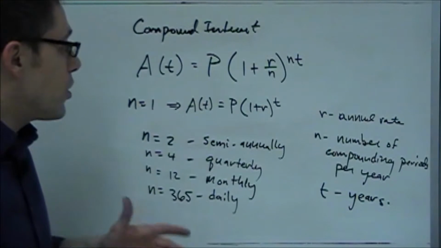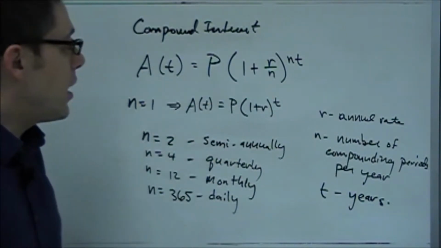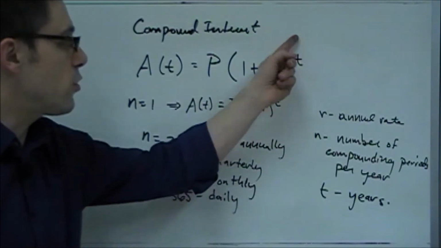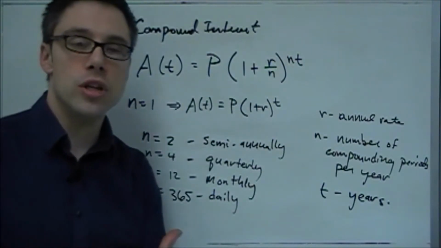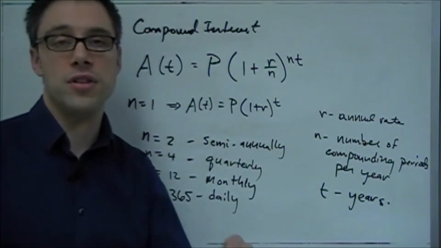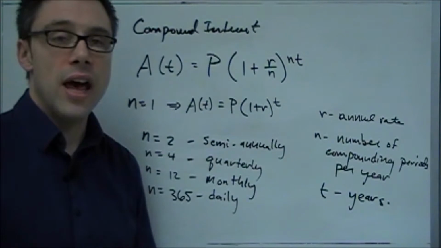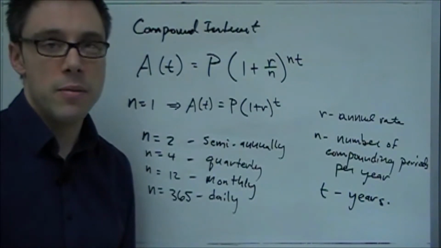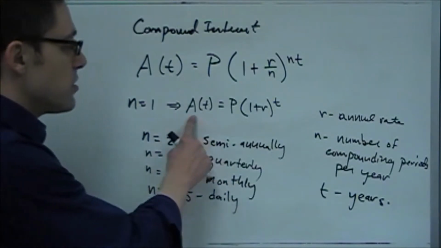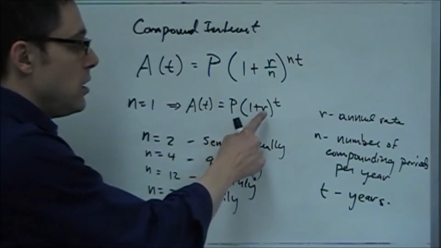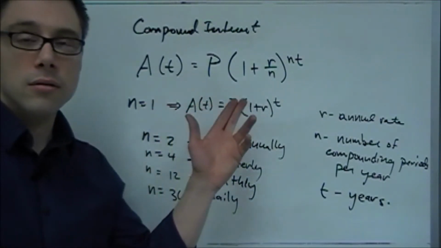And notice again that it's still some kind of exponential function, where this is my base and this is my exponent. The difference here is that n is usually a fixed number. In other words, if we're given a problem, we usually say at the very beginning that the interest is compounded n times per year. So in general, this really is a function of t, where P, r, and n are all fixed values.